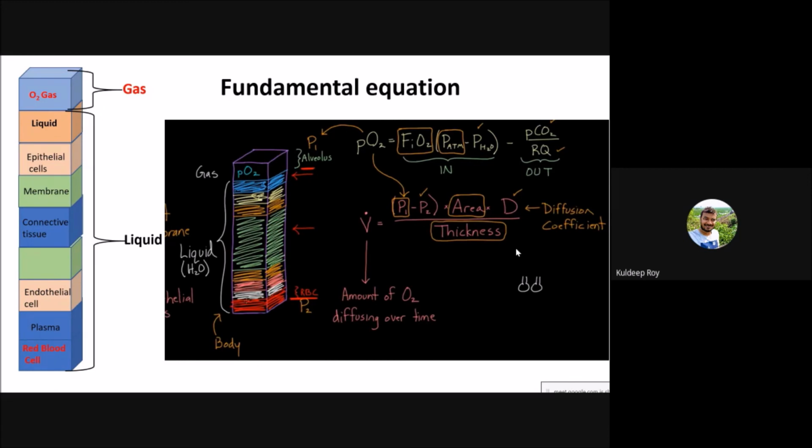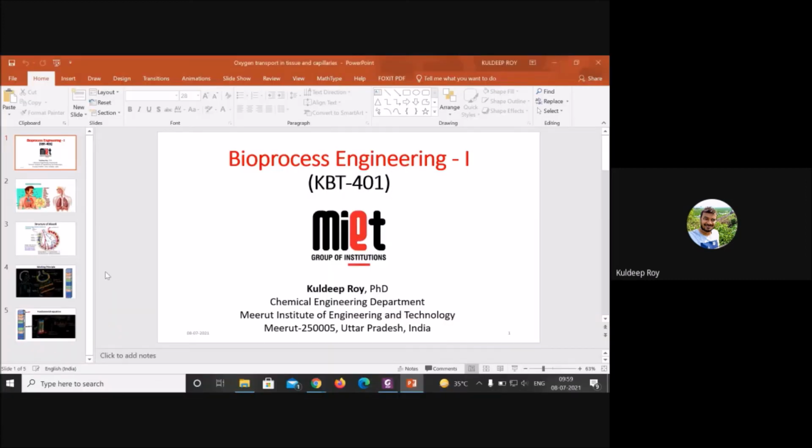And when you are talking about liquid, then definitely you have to look at the concentration term, how the concentration changes from one position to another. I think you have got a little bit of idea how mass transfer is happening in the respiratory system.